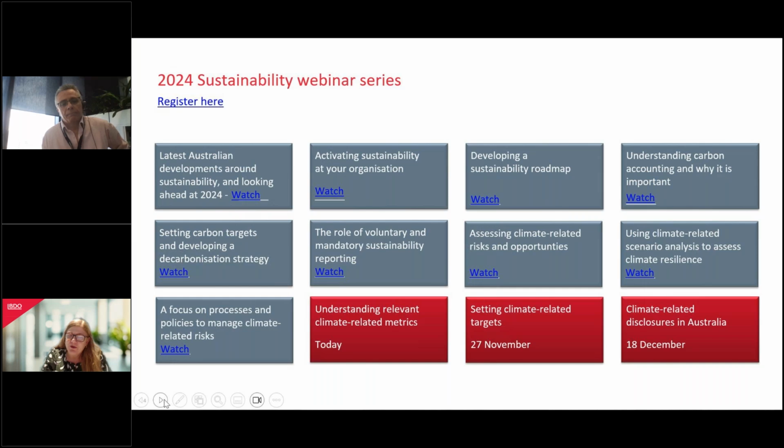So this month, we are continuing on that climate-related focus, which obviously is the focus of AASB S2, climate-related disclosures. And we're looking at understanding relevant climate-related metrics. And then in November, we'll be looking at setting climate-related targets.